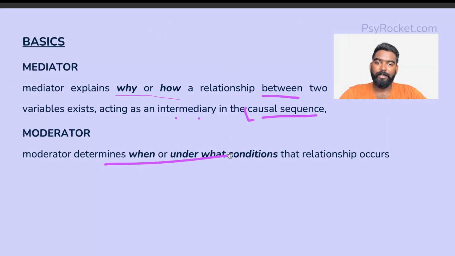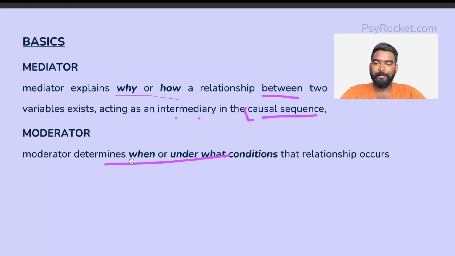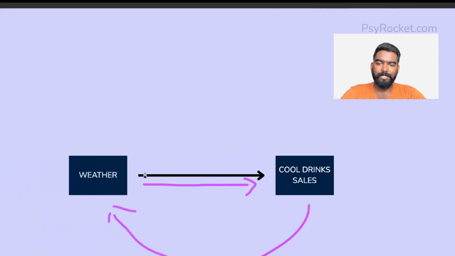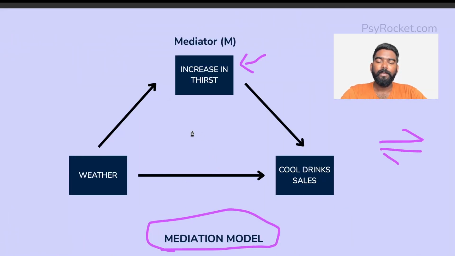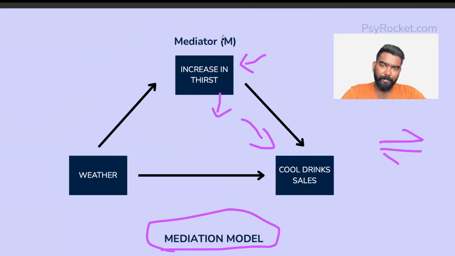Then what is a moderator? A moderator usually determines when or under what conditions that particular relationship occurs. We will use the same weather and cool drinks example. See how an increase in thirst will increase cool drink sales. Just look at this particular relation.